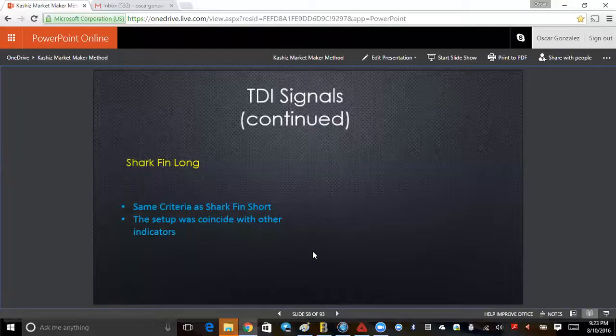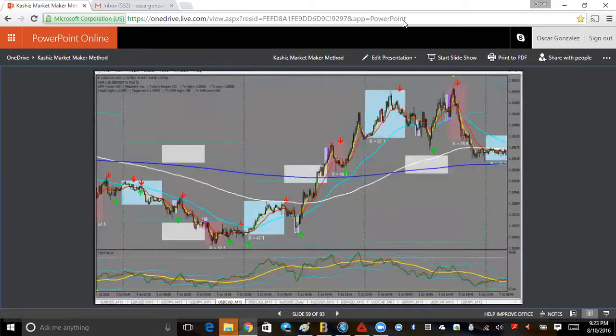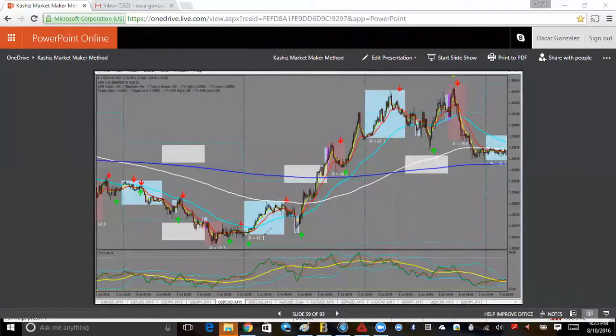Shark fin long, the same criteria as a shark fin short, okay? The setup must coincide with other indicators. Shark fin long. This is an actual chart, USD CAD. This was July 4th. Price was coming down.